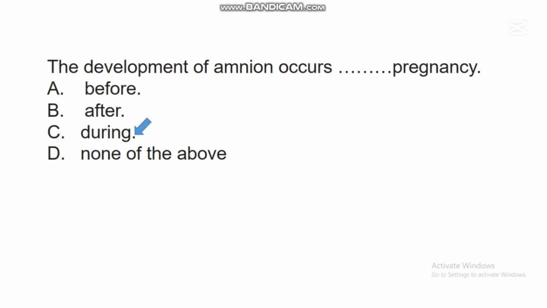The development of this membrane called amnion occurs during pregnancy, and we have said that amnion plays a great role in helping the baby to develop very well because it secretes amniotic fluid that helps in protecting the baby against mechanical injury.